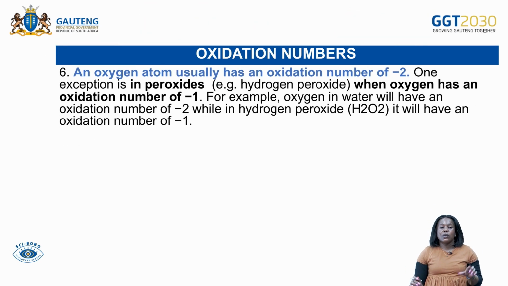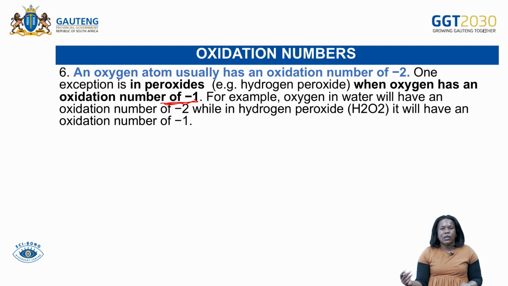Number 6, so there's 10 rules. Rule number 6: an oxygen atom usually has an oxidation number of -2. One exception is when we're talking about peroxides, where oxygen has an oxidation number of -1.